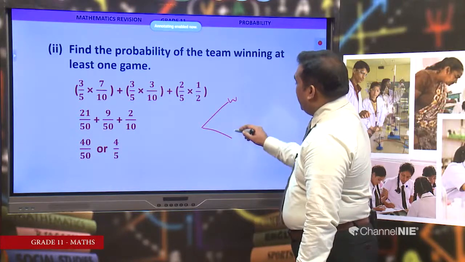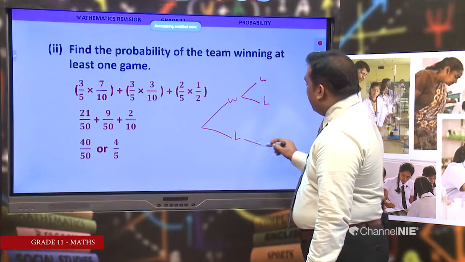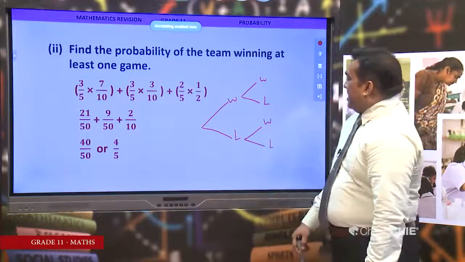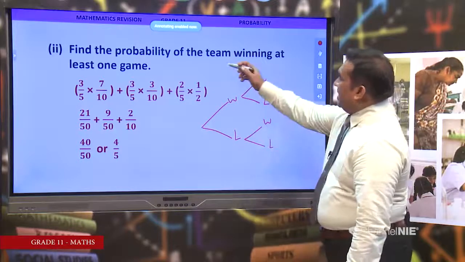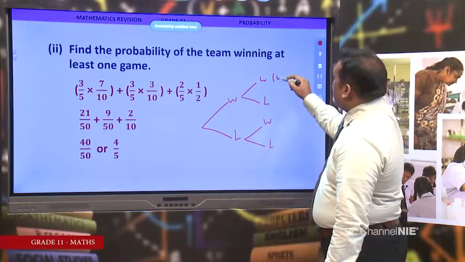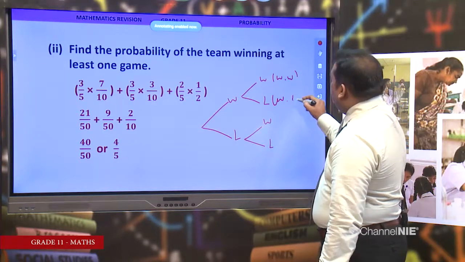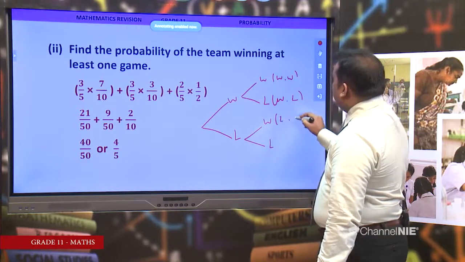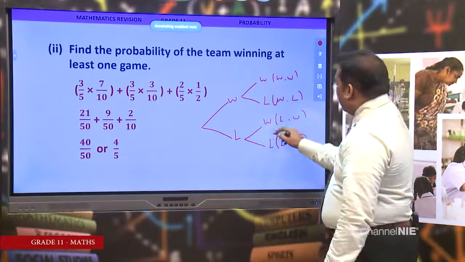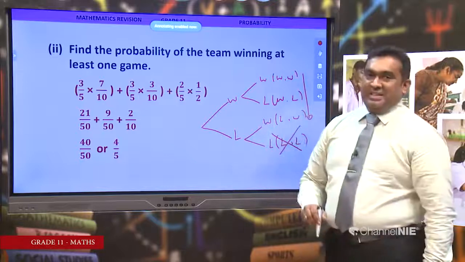Try to understand. Win, lose. WL, here WL. At least one game, winning at least one. It means this probability: WW, here W L, here LW, here LL. Without considering this event, we considered all these probabilities.